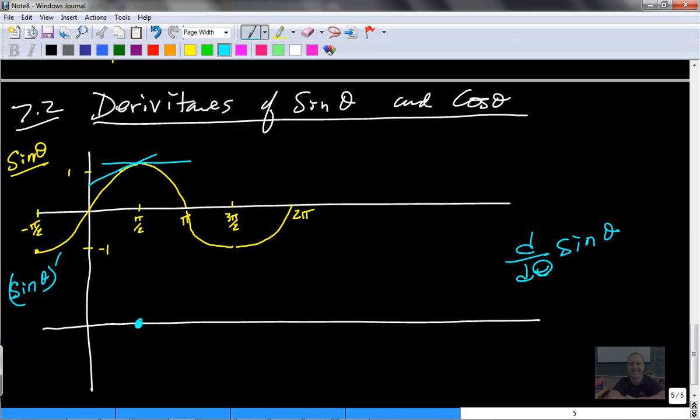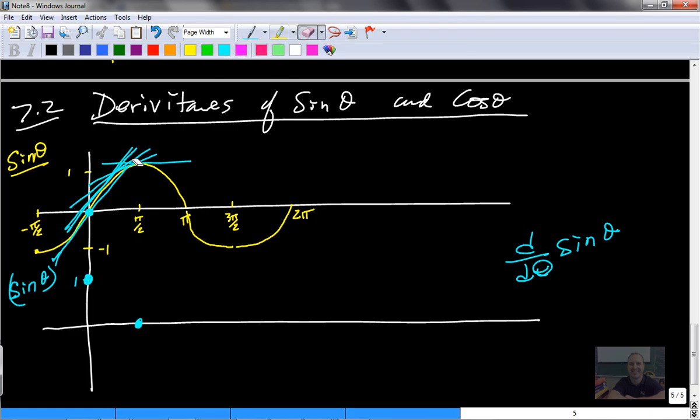So if we move down here, once we hit sine of 0, we have a derivative that's actually 1. So at theta equals 0, we have a derivative of 1.